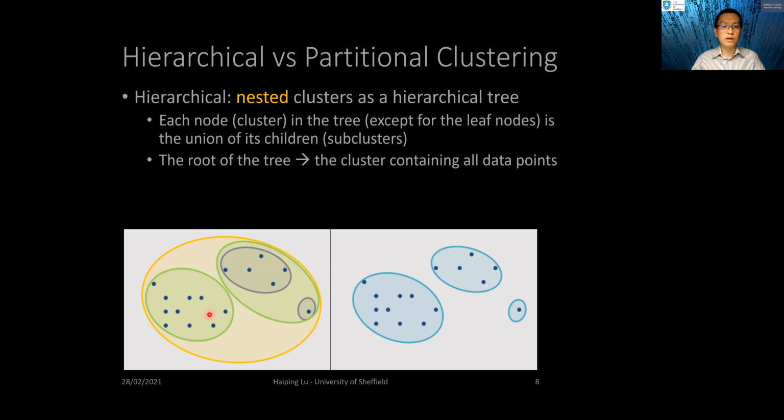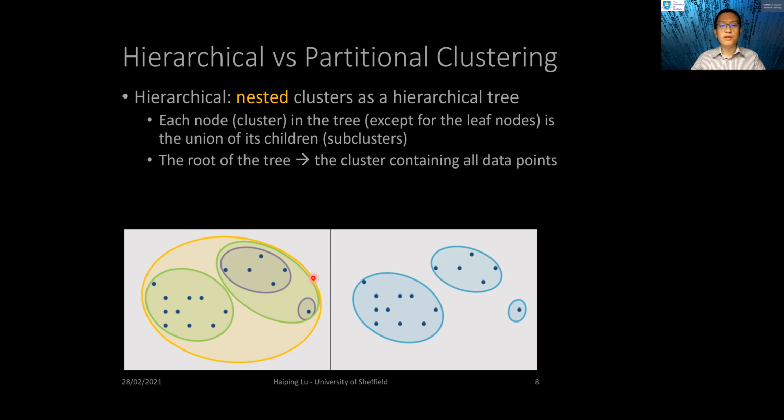And you can have further clusters over here. So each node in that tree will be a cluster, except for those leaf nodes. And then each cluster is basically a union of its children, which are the subclusters. The root of the tree will be a bigger cluster containing all the data points, such as this big cluster.